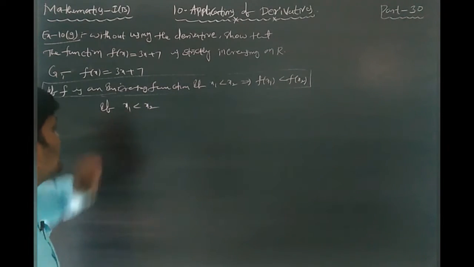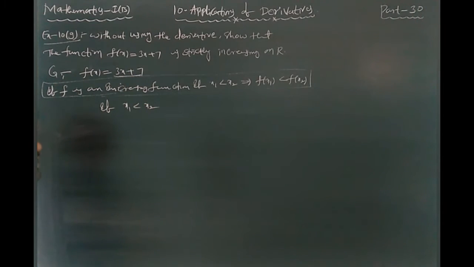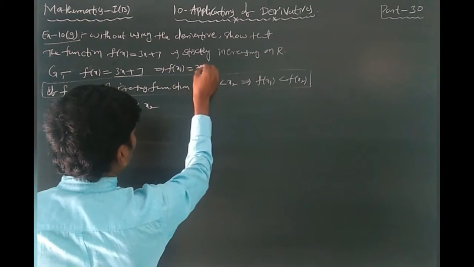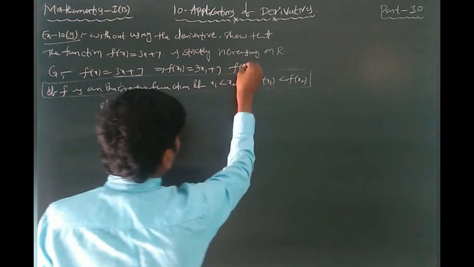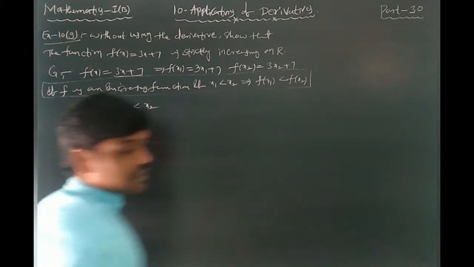Here x1 is less than x2. Suppose this is the f of x function. What is f of x1? 3x1 plus 7. What is the value of f of x2? F of x2 is 3x2 plus 7.